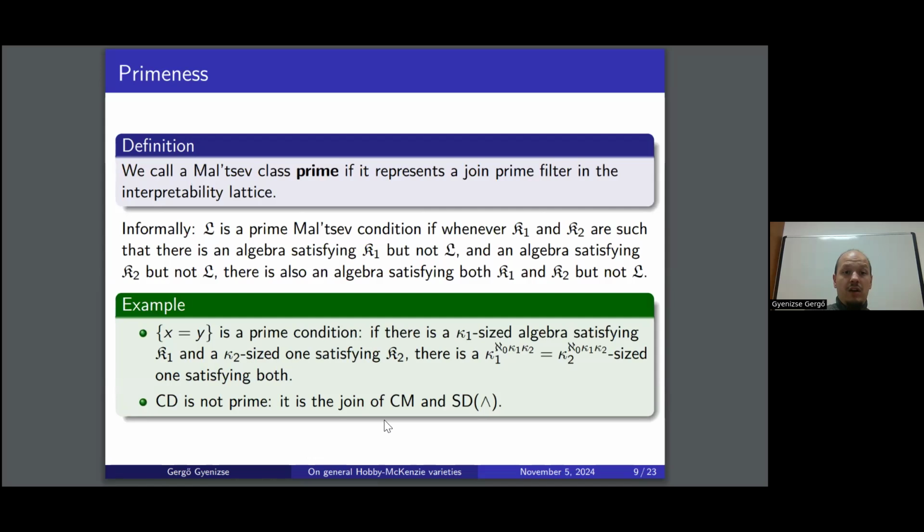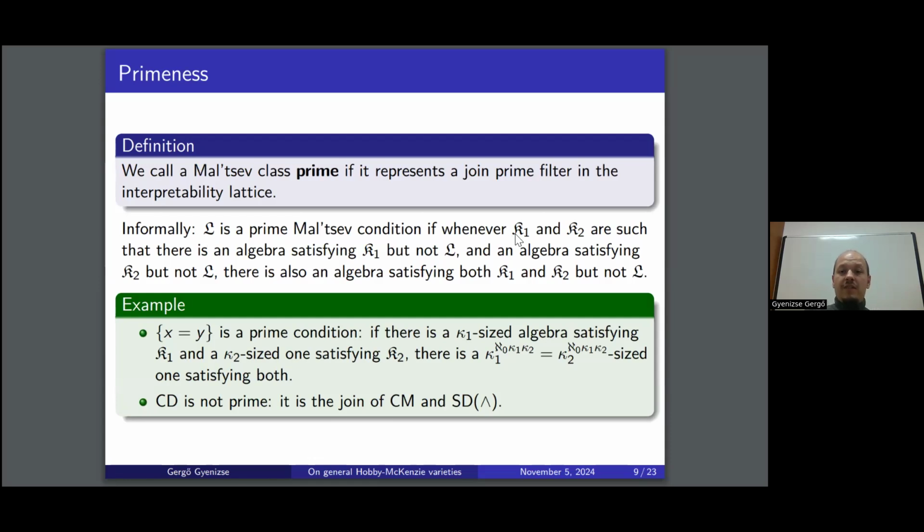And we call a Mal'cev class, or a Mal'cev condition, a prime condition if it represents a join prime filter in the interpretability lattice. So informally, we say that L will be a prime Mal'cev condition, or a join prime Mal'cev condition, because we can look at the meet primes also, but that's a whole other thing.